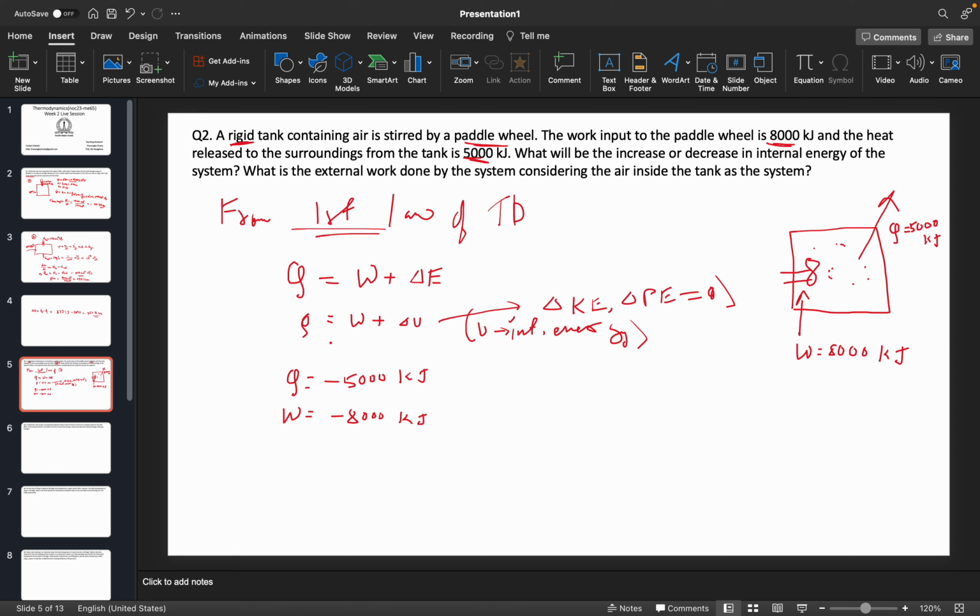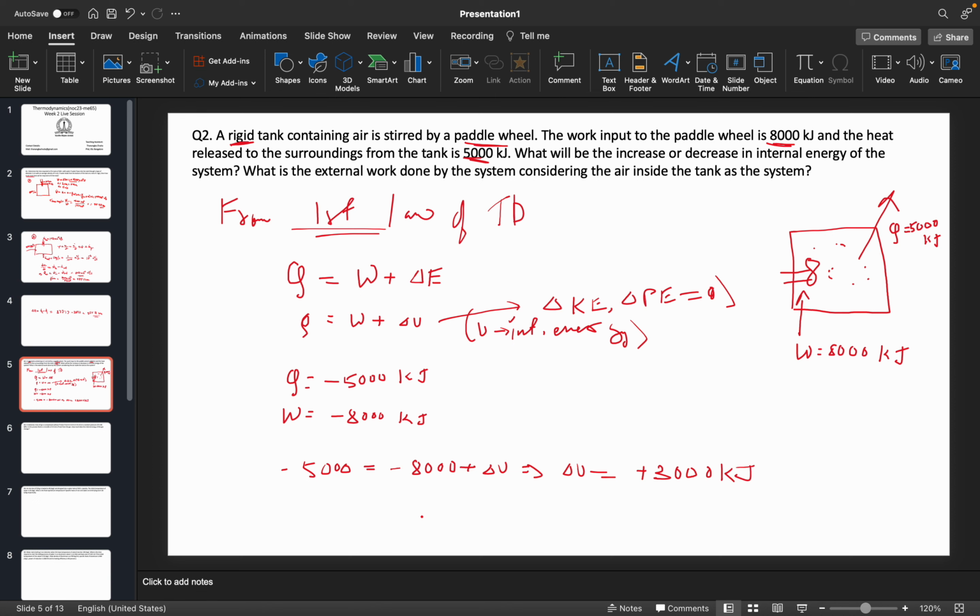Now if you apply here, it will become minus 5000 is equal to minus 8000 plus delta U. Now delta U will be plus 3000 kilojoule.